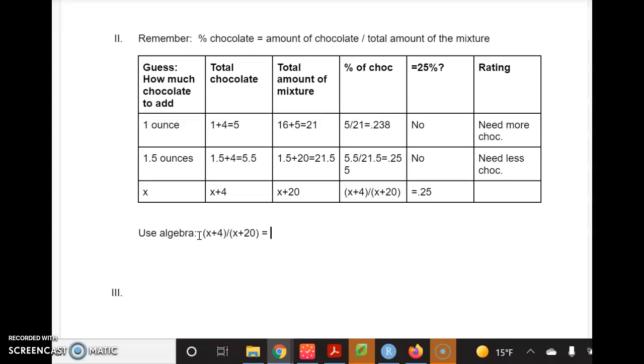And now I want that to equal 0.25, or I'm just going to write it as 1/4. All right. So one way to solve that using algebra would be to multiply by X plus 20 on both sides.